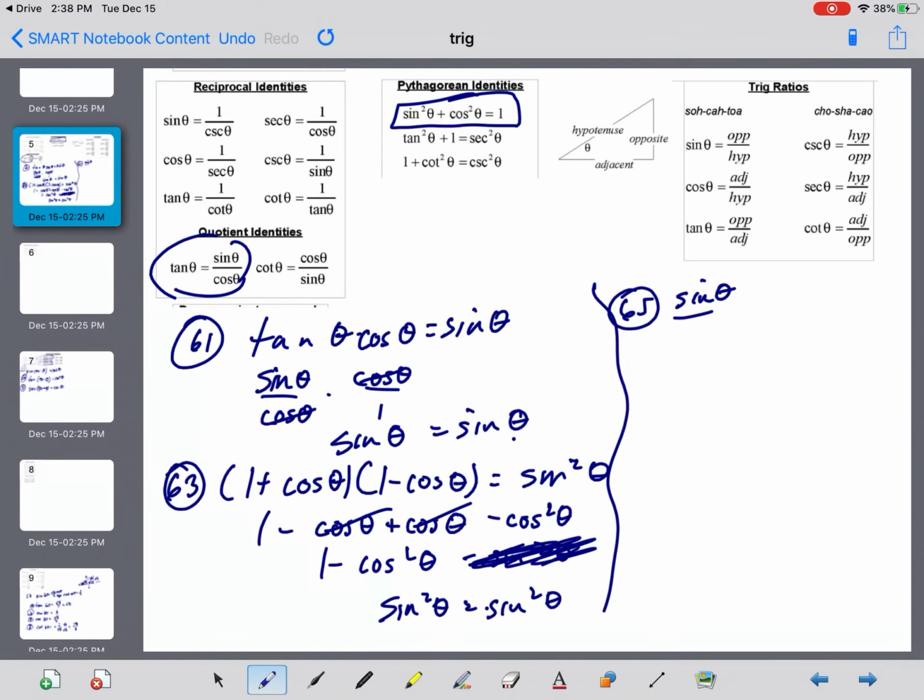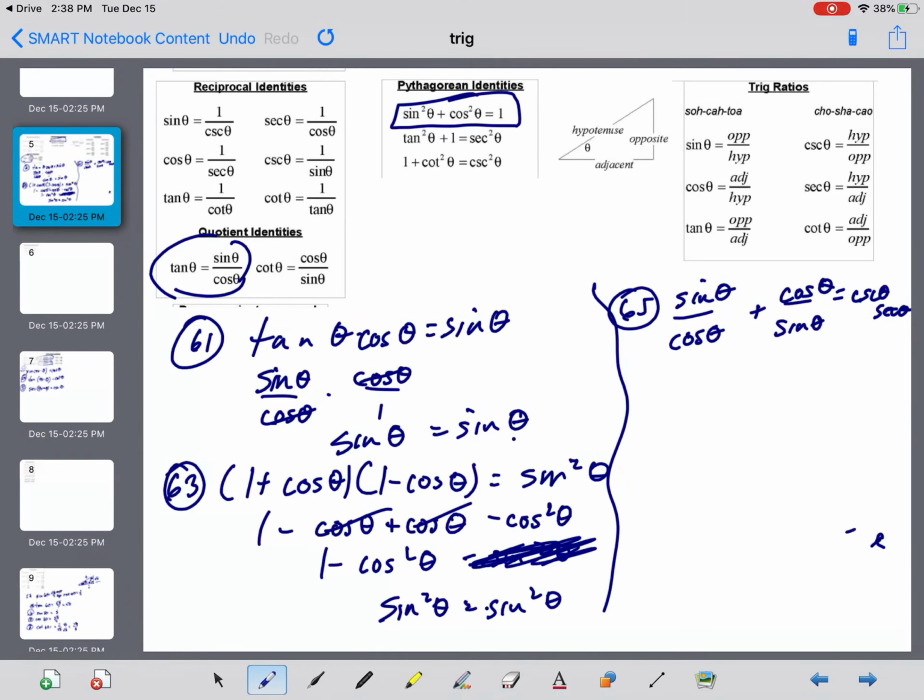we got sine over cosine plus cosine over sine equals cosecant times secant. Oh, okay, yeah. We got to get a common denominator on this one. Oh boy, I don't know if I have enough room here.